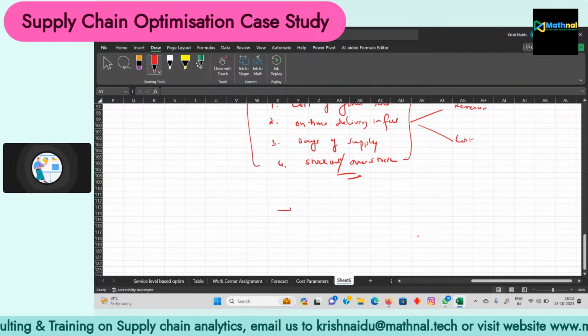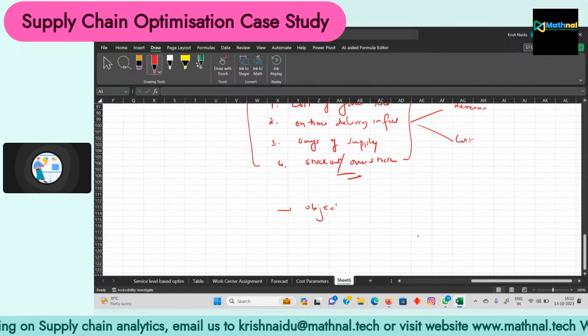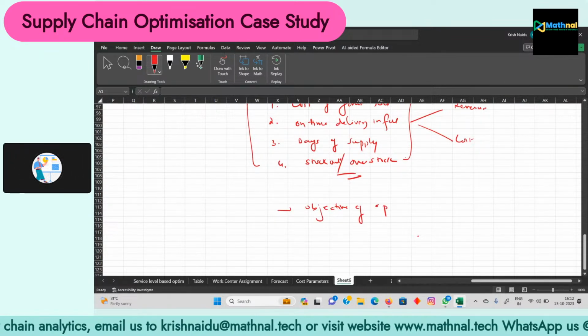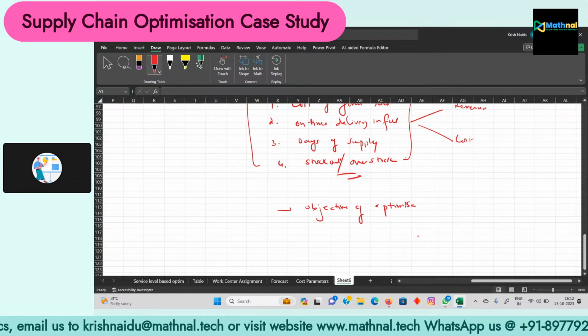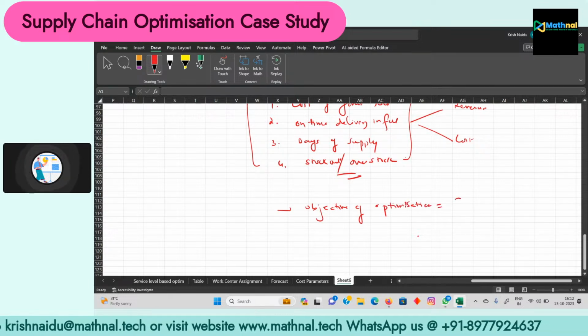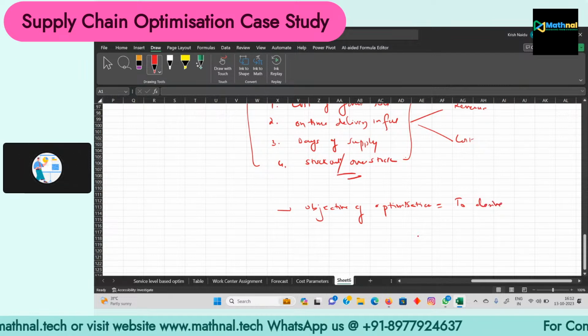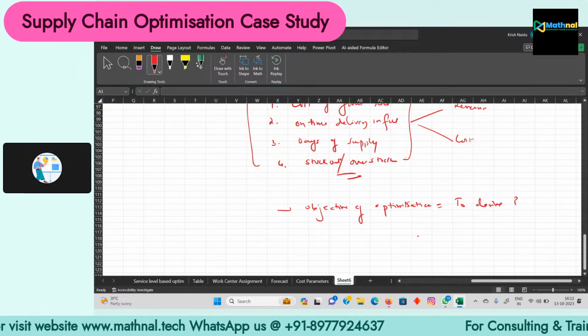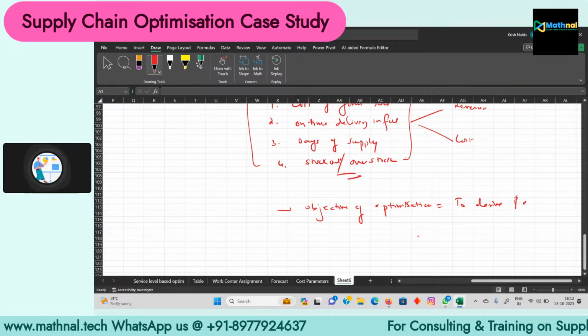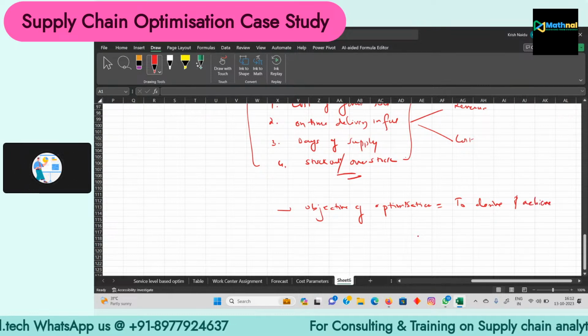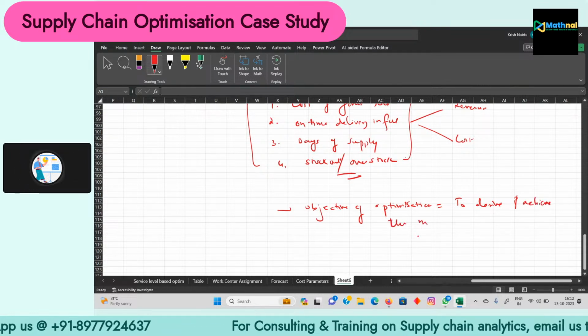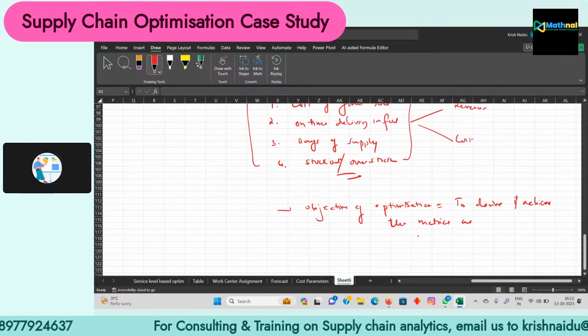Okay, what is the objective of optimization? The objective of optimization is to derive or achieve the metrics as per the benchmarks.